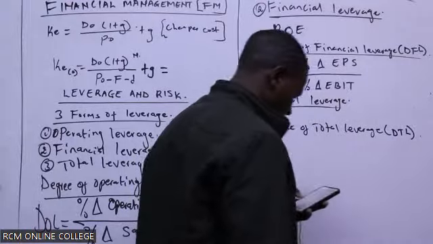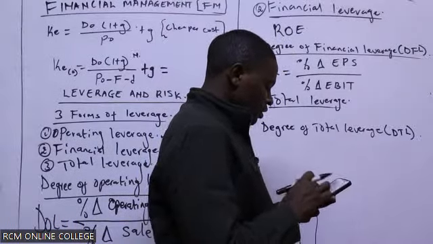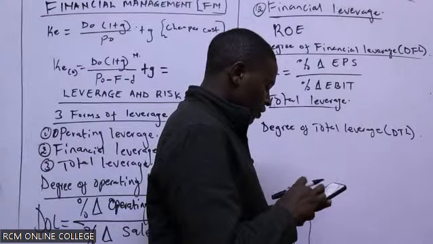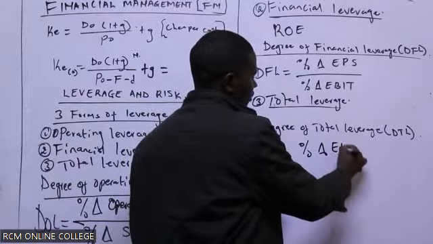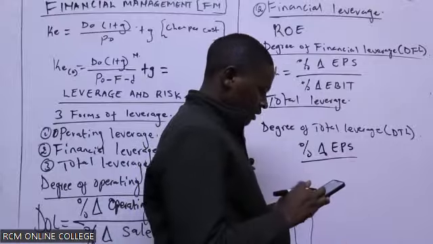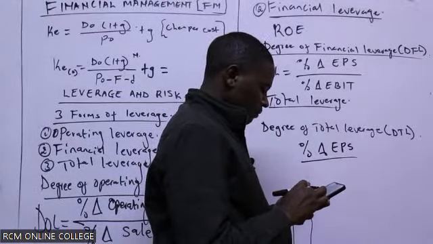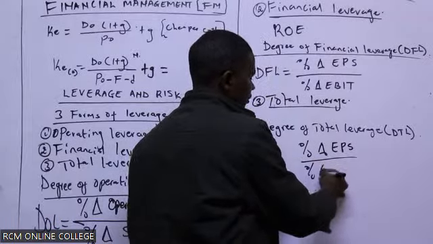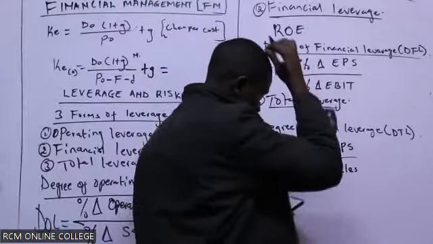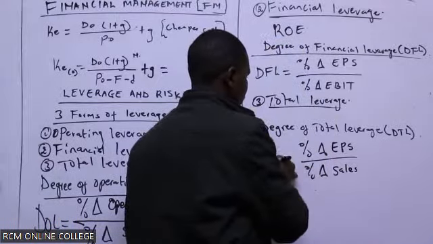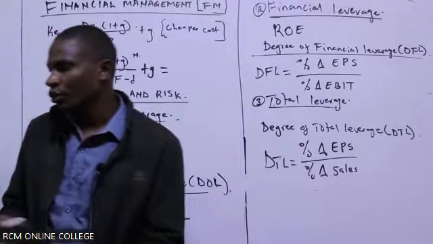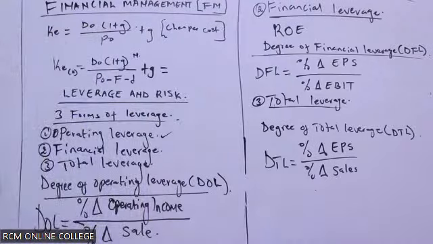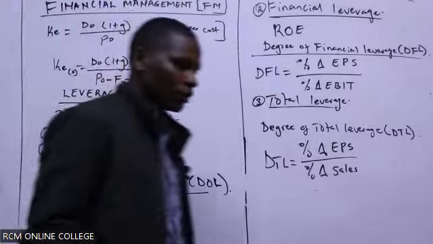Total leverage is calculated as the percentage change in EPS over the percentage change in sales.